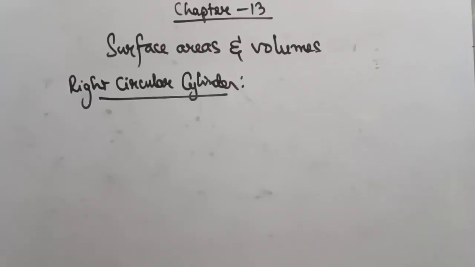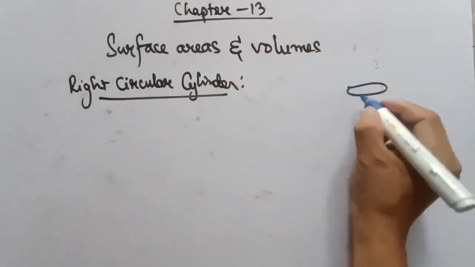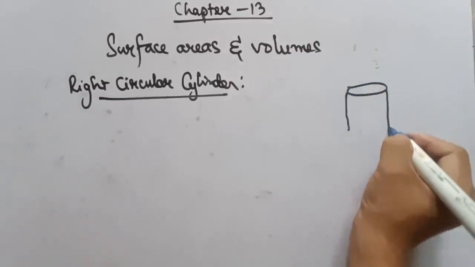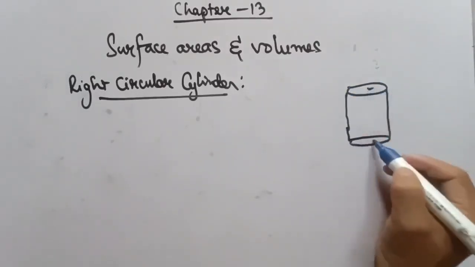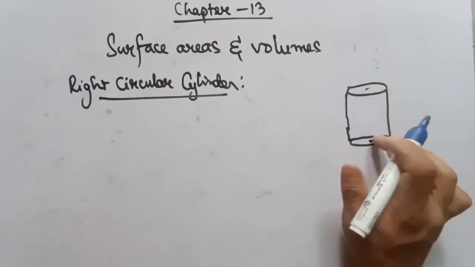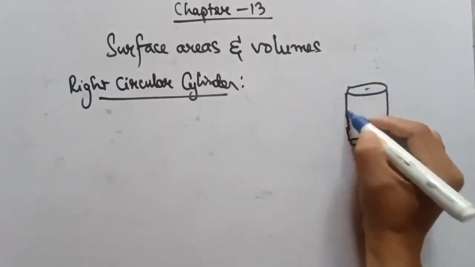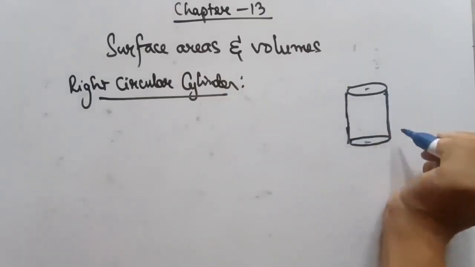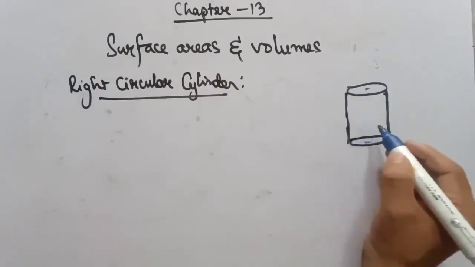Next, let us study about right circular cylinder. In a right circular cylinder, there are two equal circles at the top and the bottom, and the lateral surface is curved. It is made up of a curved rectangular shape.